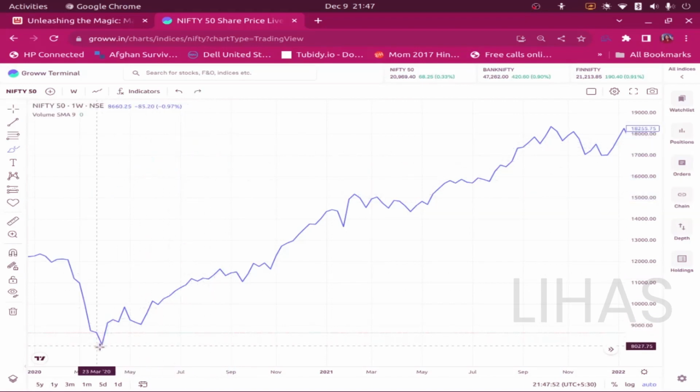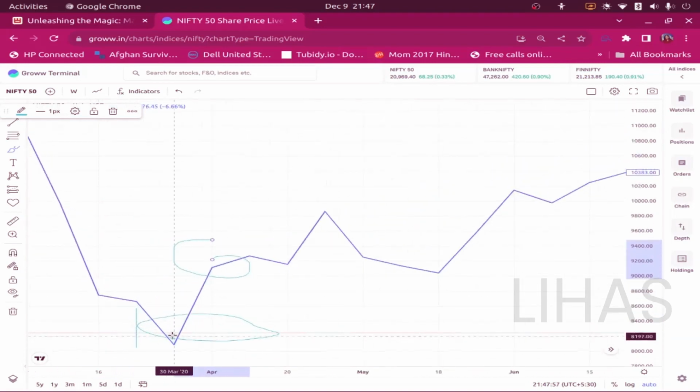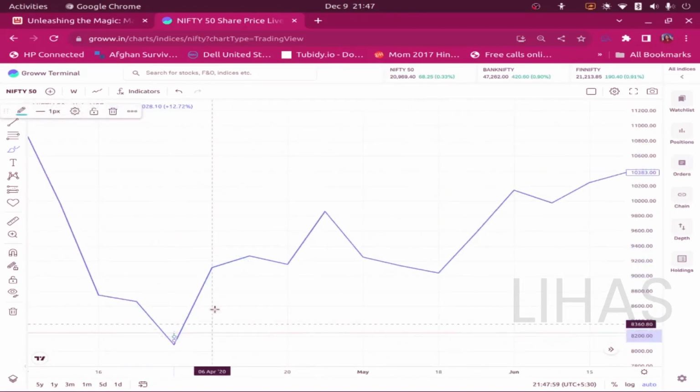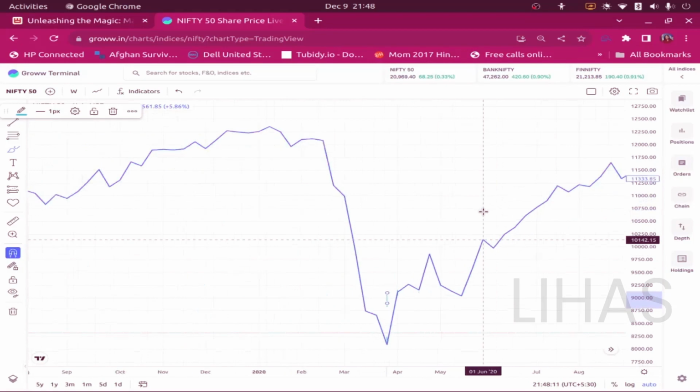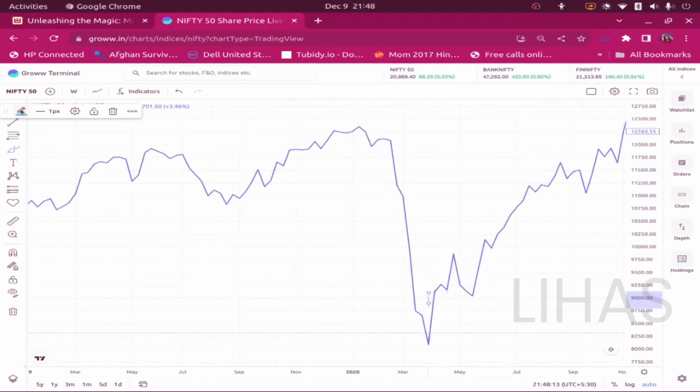So this is the low, this is the high. If I zoom in here, this is the low, this is the low, this is the high, then this is the low, then this is the higher high. It was the high, and now this is the higher high, then this is the low, this is the higher low. So now prices are moving in an uptrend.